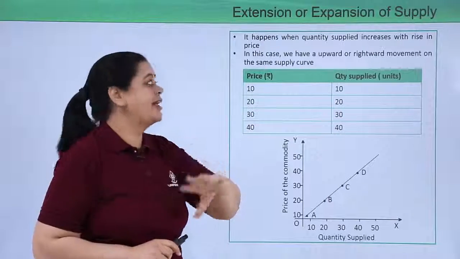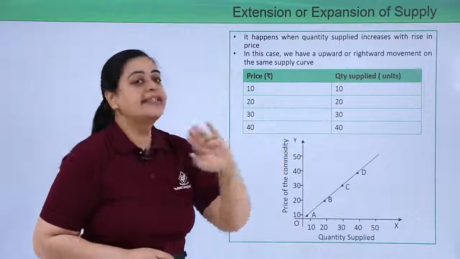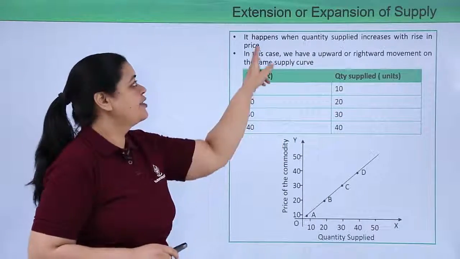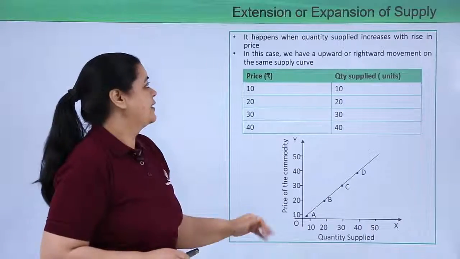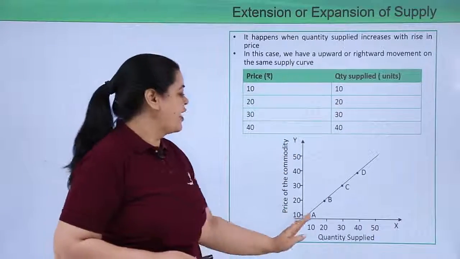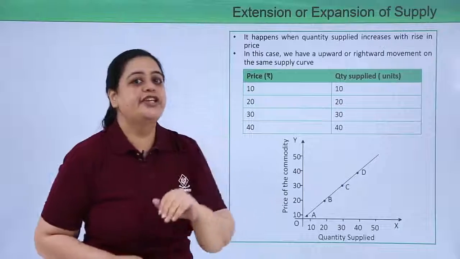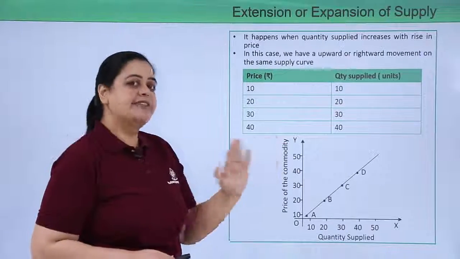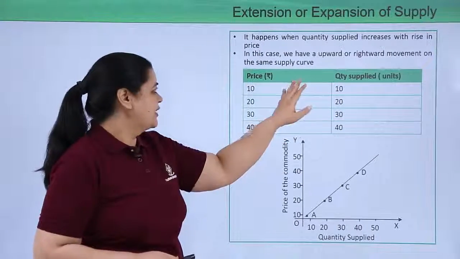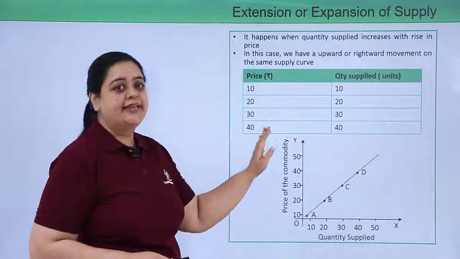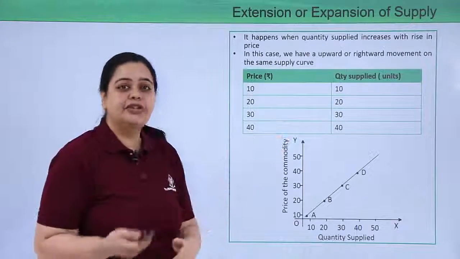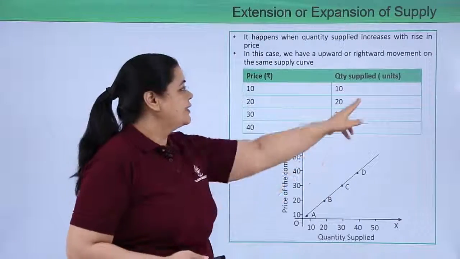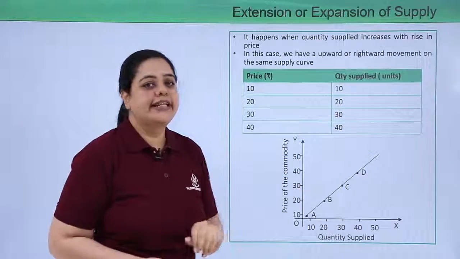Expansion of supply will happen when the quantity supplied increases because there is a rise in the price. So, in this case, we would have an upward or rightward movement in the same supply curve. If the price is 10, increases to 20, then to 30, then to 40, the supplied quantity would increase.